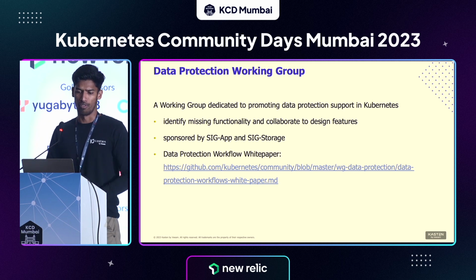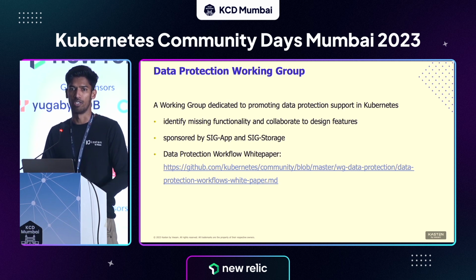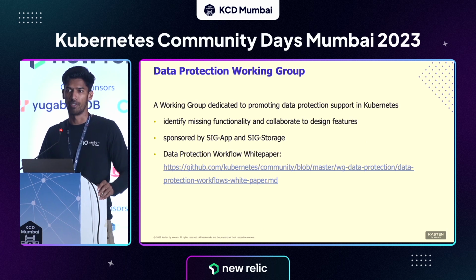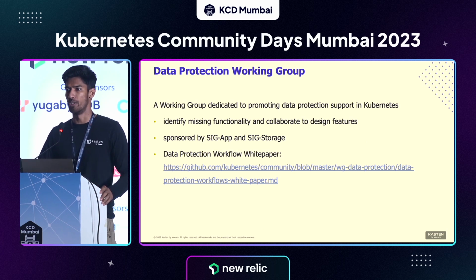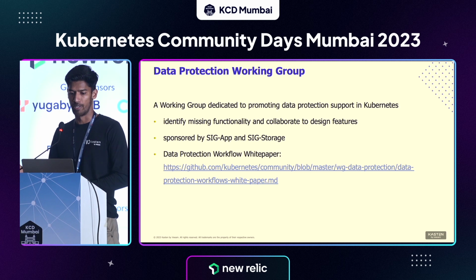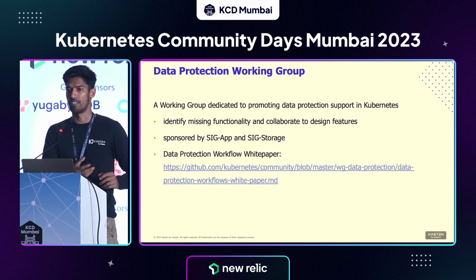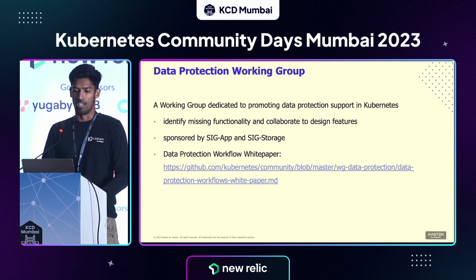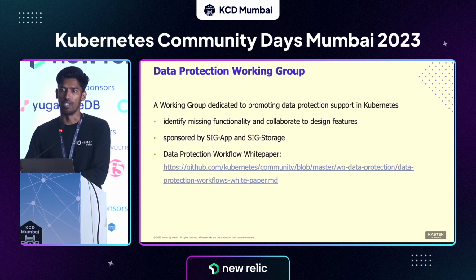I would also like to talk about the data protection working group. If you are around Kubernetes communities, or if you have joined Kubernetes Slack, you might know there are different SIGs in Kubernetes, different community groups. We also call them special interest groups. There are groups like SIG Storage, which specifically focuses on storage, and SIG API Machinery. Along with SIGs, there are working groups.